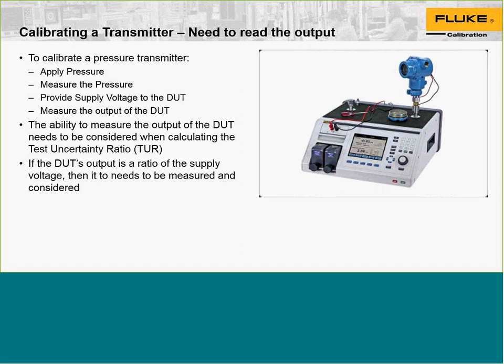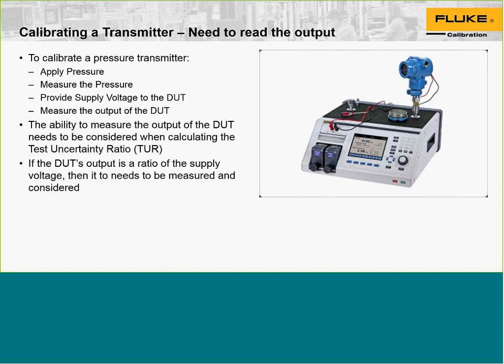With such a device, we need to do a number of steps. We need to be able to apply the pressure, measure that pressure, provide voltage to the device under test, that is, turn it on, and measure the output of the device under test.